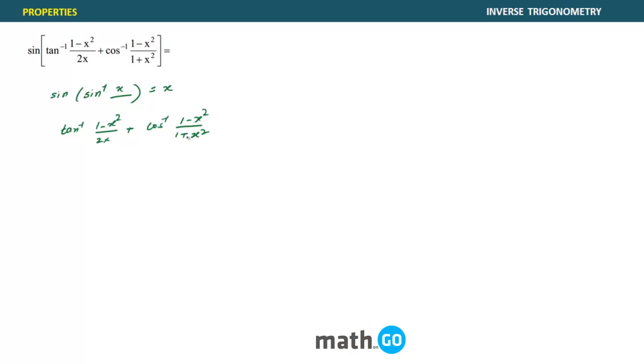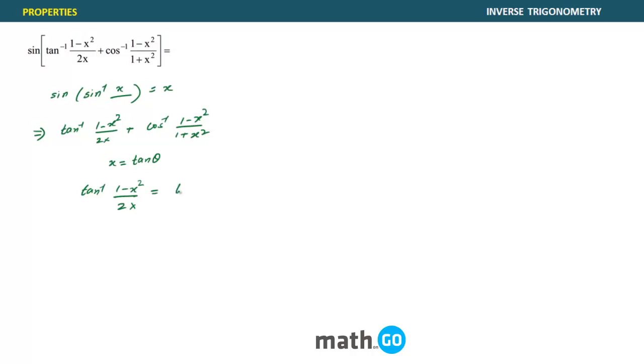So this is the inside function. How do you simplify this? We can easily see this particular formula, that if you start putting x equal to tan theta, let's see what this will become. So this will be 1 minus x square by 2x.